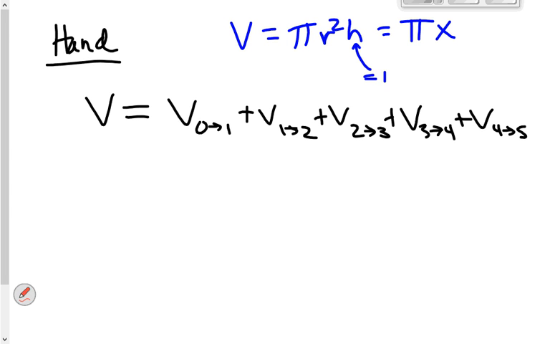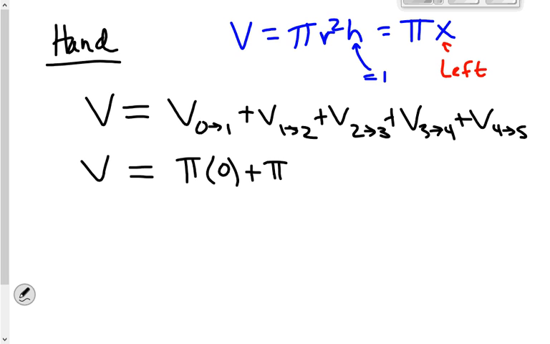But this is going to be the x value at the left edge of the interval. So when I take the interval from 0 to 1, it's going to be pi times what? 0. The interval from 1 to 2, it's going to be pi times 1. The interval from 2 to 3, pi times 2. The interval from 3 to 4, pi times 3.